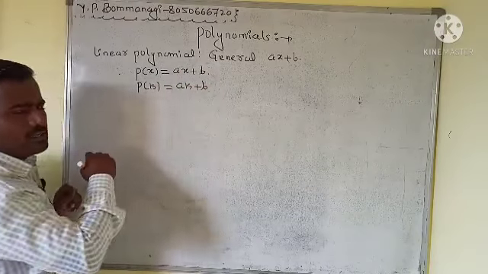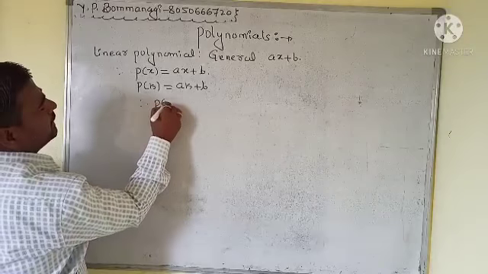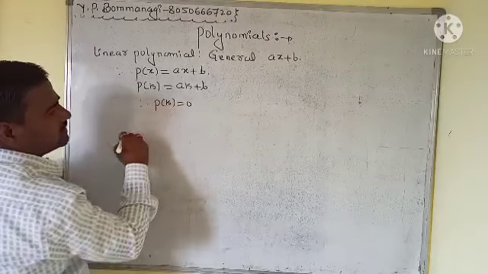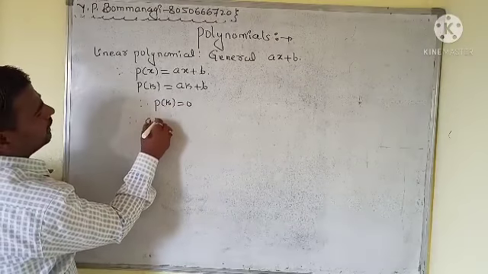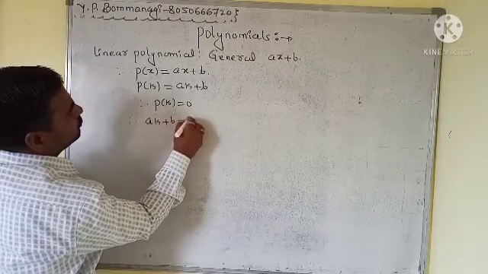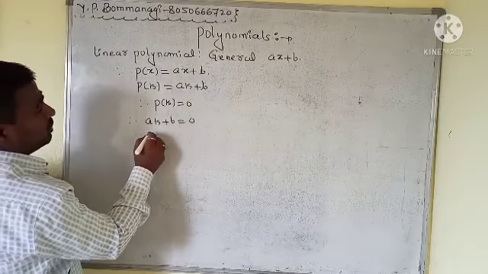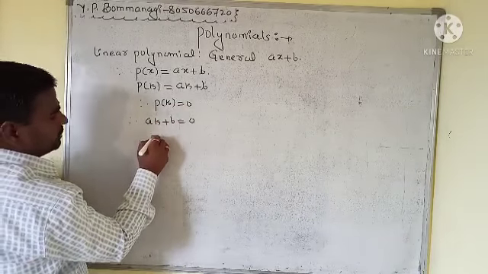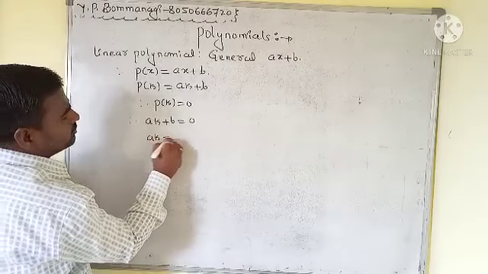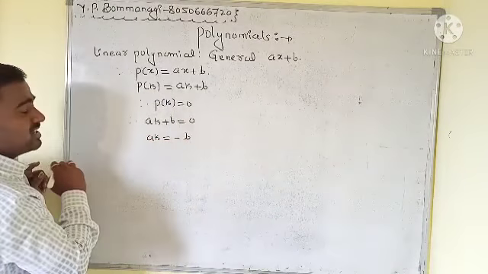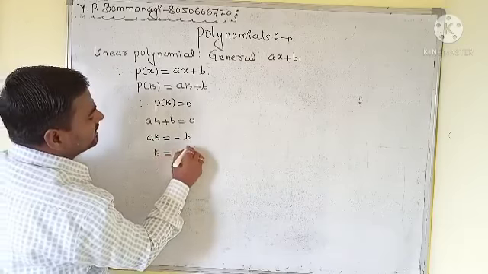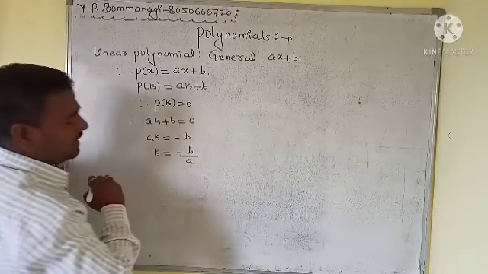In this expression p of k should be 0. When p of k is 0, ak plus b is equal to 0. So we are going to find the value of k. So ak is equal to minus b, so k is equal to minus b divided by a.